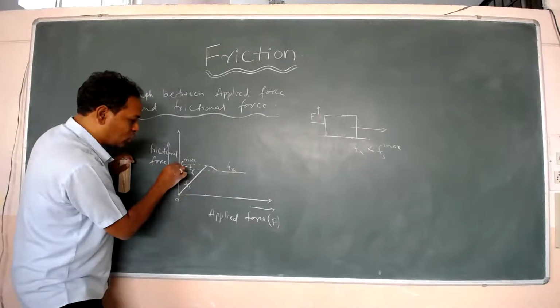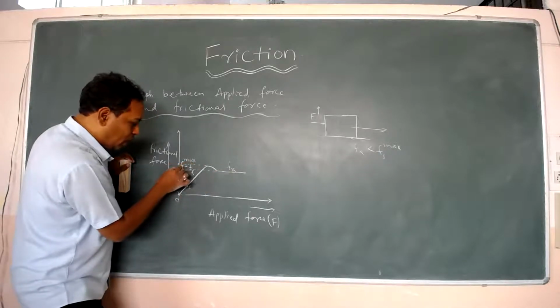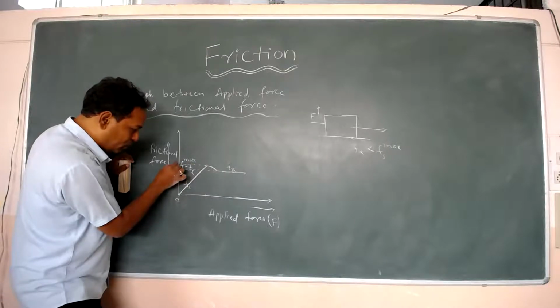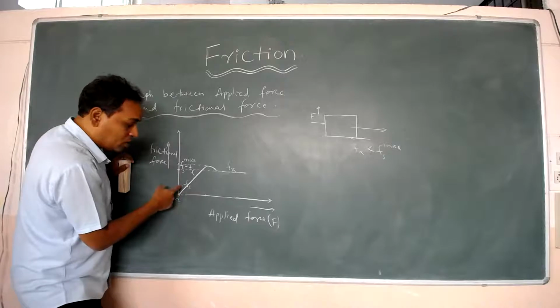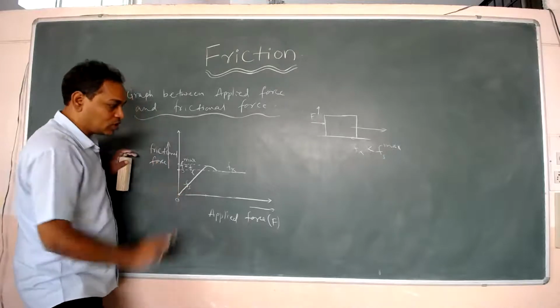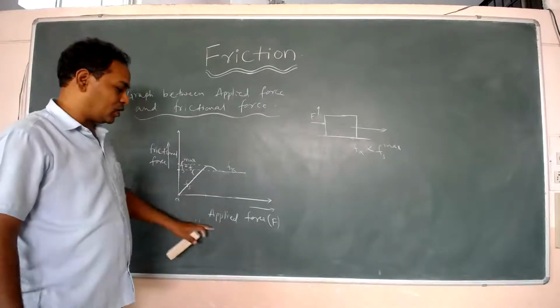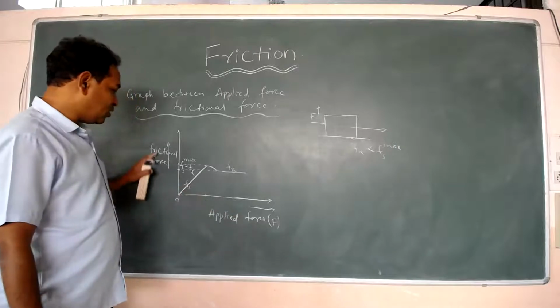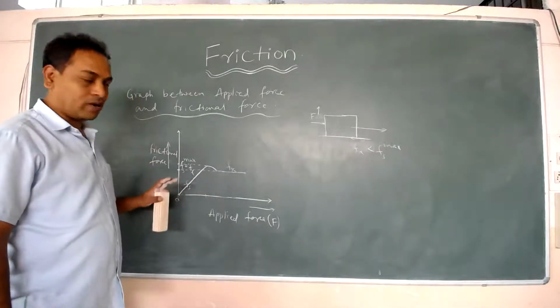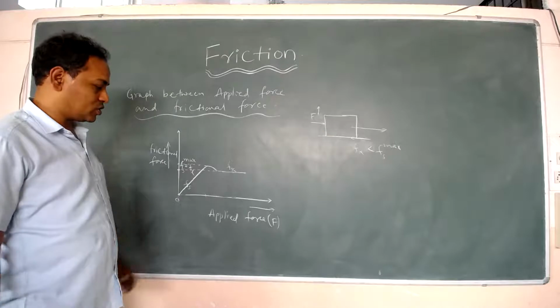This point is called maximum static friction. And every point between this maximum and 0 will be called static friction. So this is the graphical representation between applied force and frictional force.